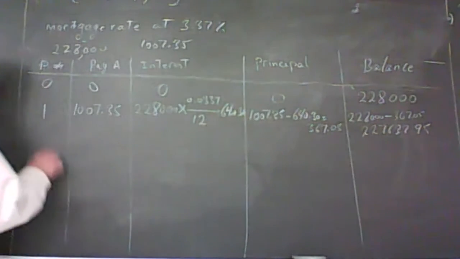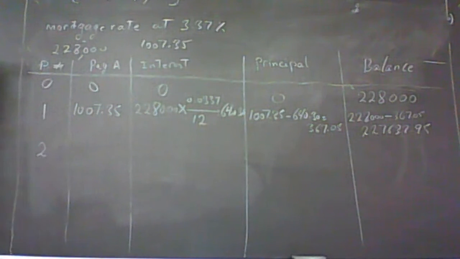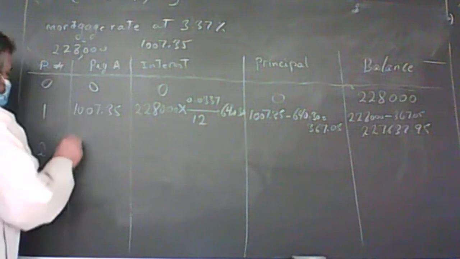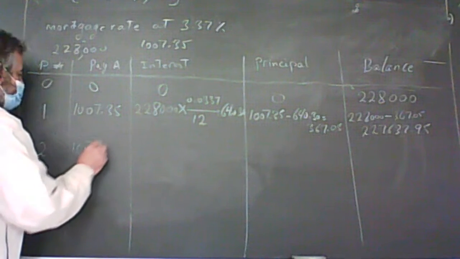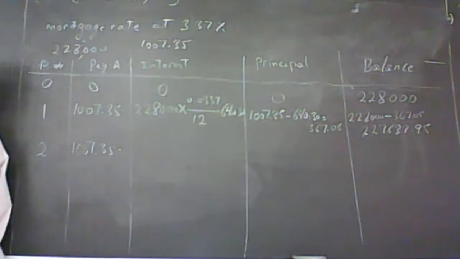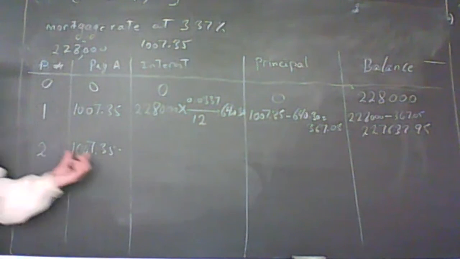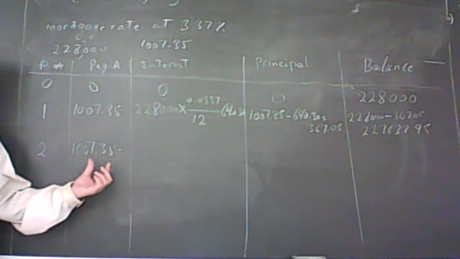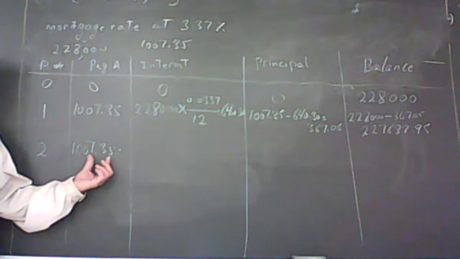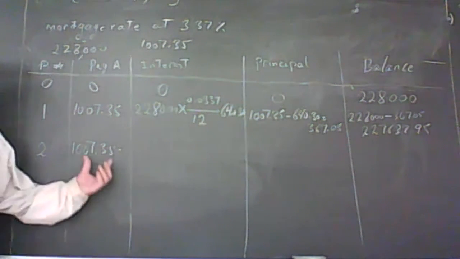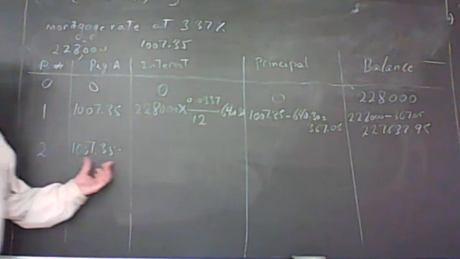Now here comes number 2. You make a payment of 1007.35. A portion of that payment is interest. How do I find the interest?